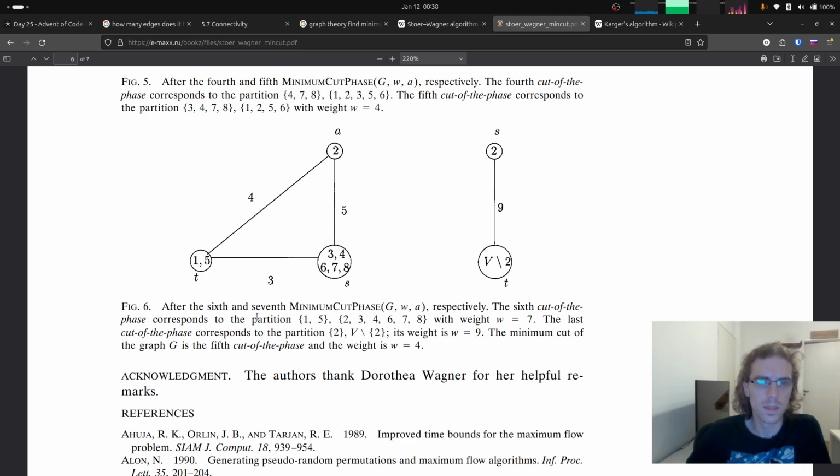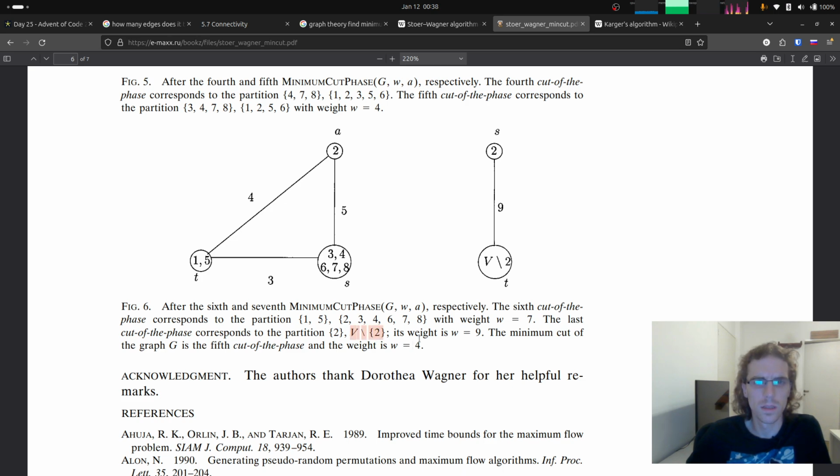After the 6th and 7th, respectively, the cut of the phase corresponds to the partition 1, 5 with a weight of 7. Yeah, the last cut of the phase corresponds with partition 2 and V without 2.